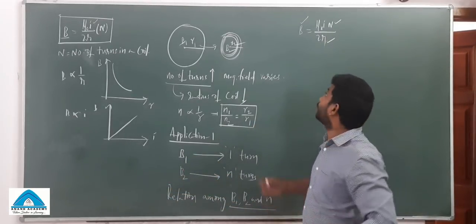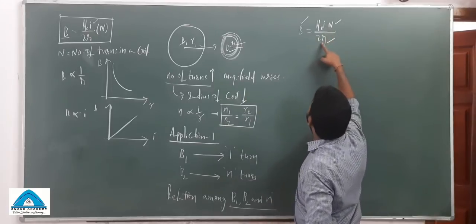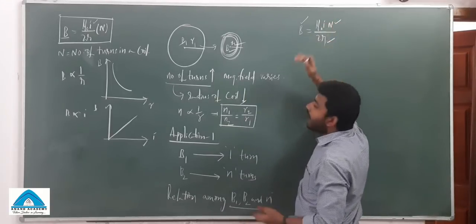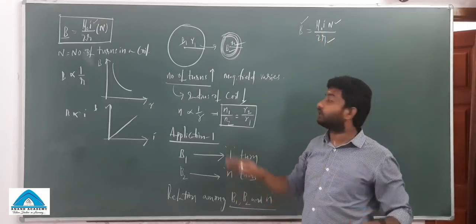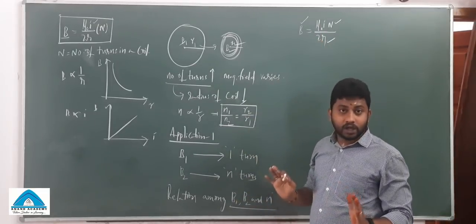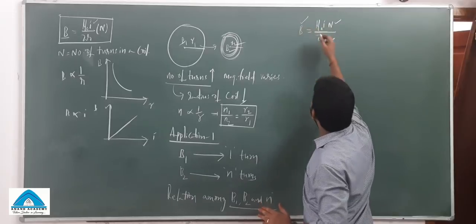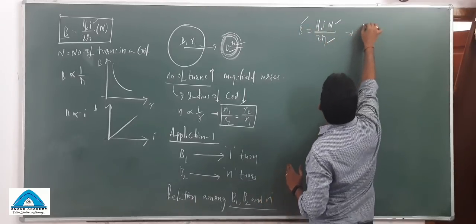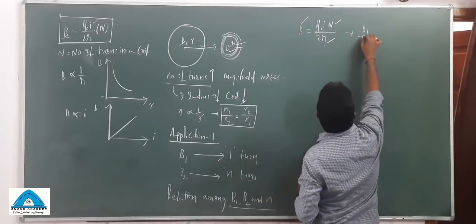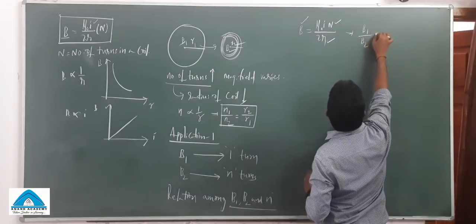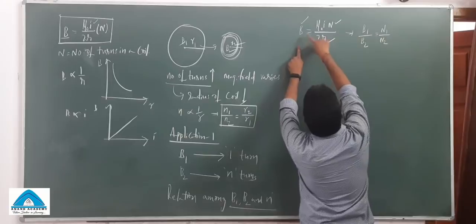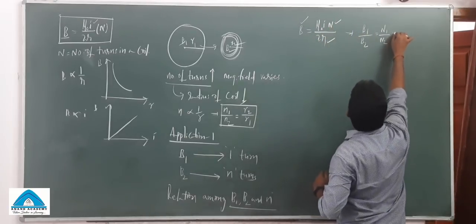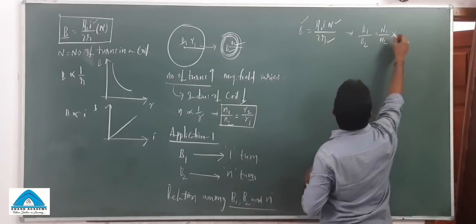Let's come to mu naught, I, and R. Mu naught and I are both constants, and 2 is also constant. So these three are variables. I can write B1 by B2 is equal to N1 by N2, because B and N are directly proportional, into R2 by R1, because B and R are inversely proportional.